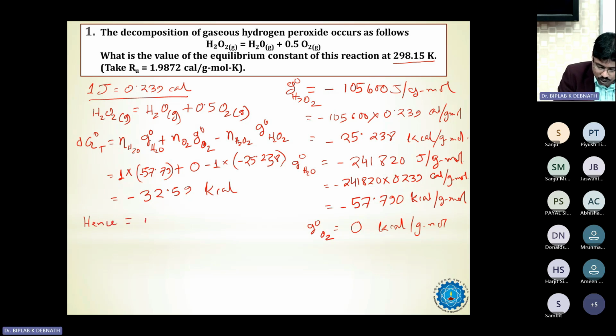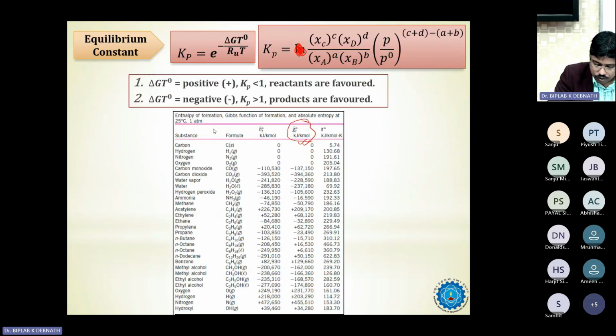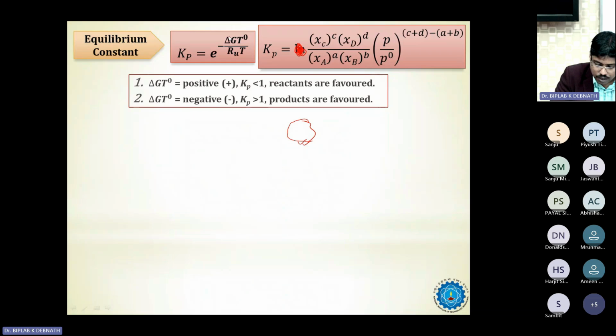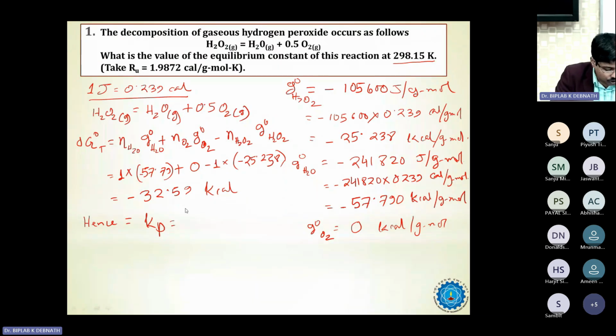So hence what is Kp? You see the formula, we will use directly this particular formula. Kp is equal to exp of minus delta G T naught divided by RuT. Okay, so exp of minus delta G naught.